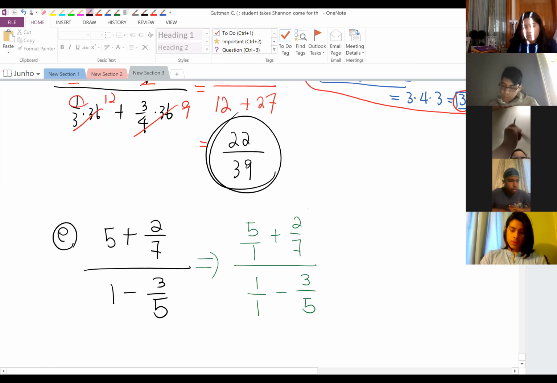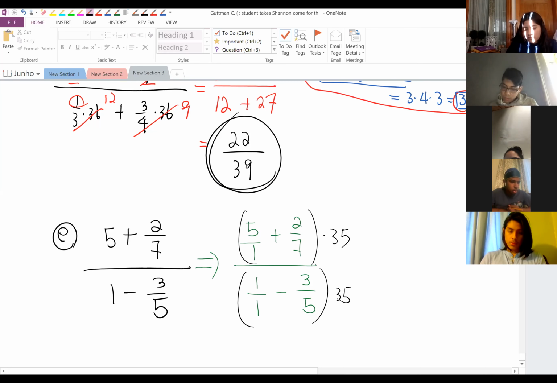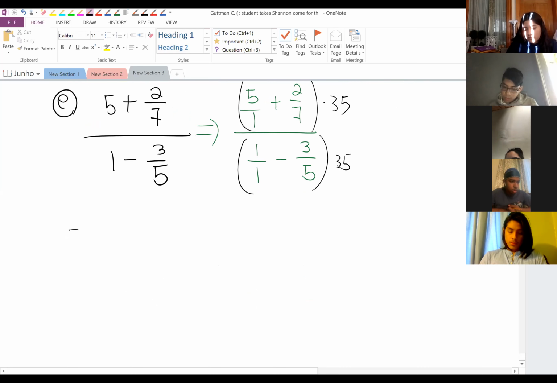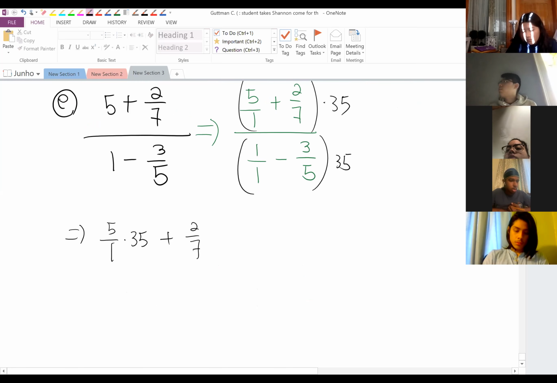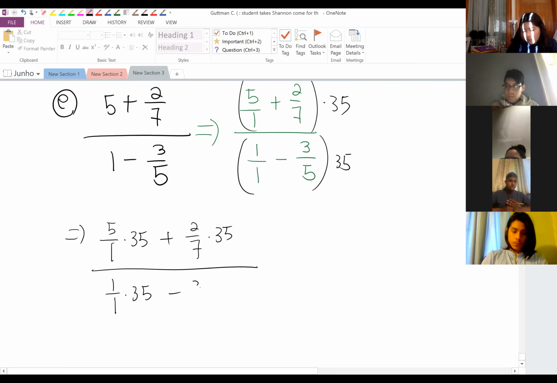So let's multiply 35 to every fraction. Then this becomes 5 over 1 times 35 plus 2 over 7 times 35, over 1 over 1 times 35 minus 3 over 5 times 35 here. Basically, 35 divided by 1 becomes 35, so you need to multiply 35 and 5.